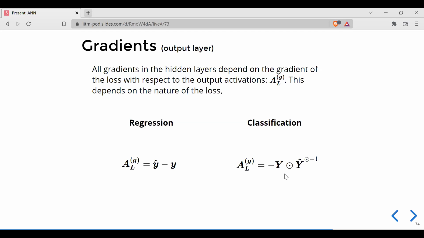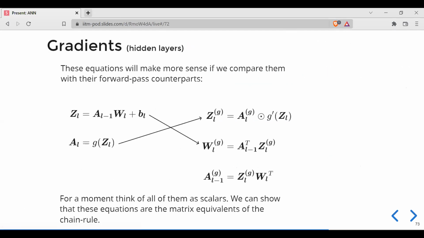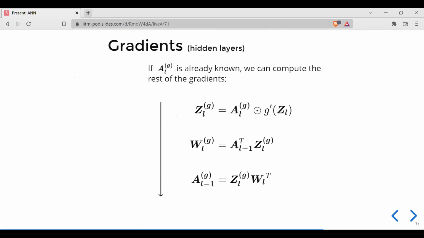No, it'll be -1 because it's taking the derivative of the log of y hat, minus y into log of y hat. It's the logistic regression part, the cross-entropy loss, and then we take a derivative, so it becomes 1 by y. So probably that's why y raised to -1. But I didn't understand why that dot is given.